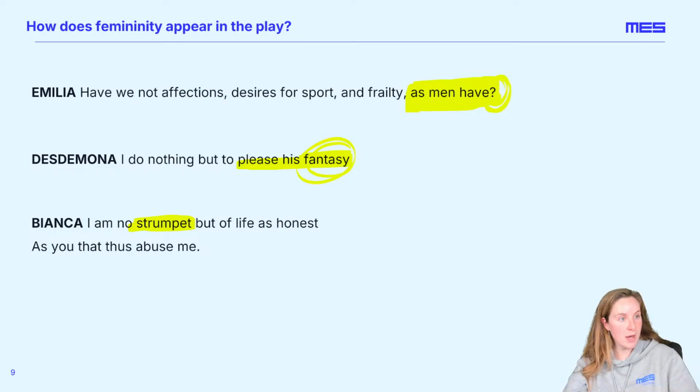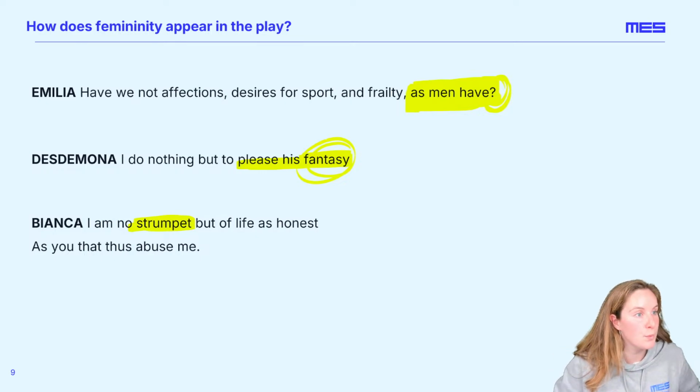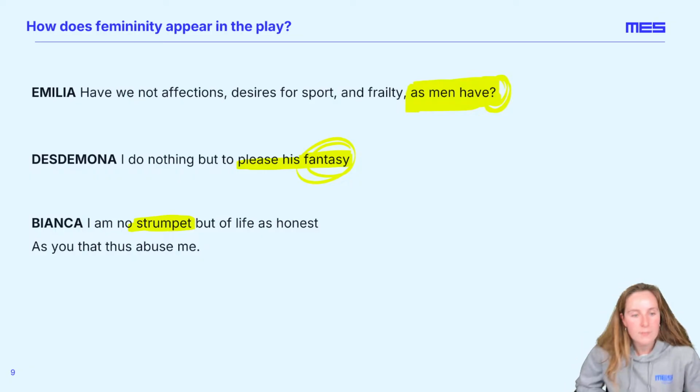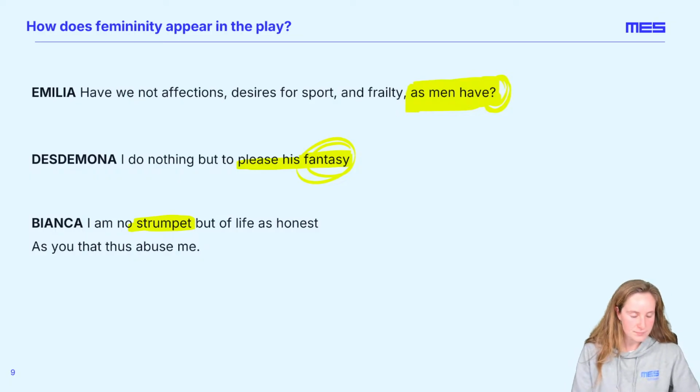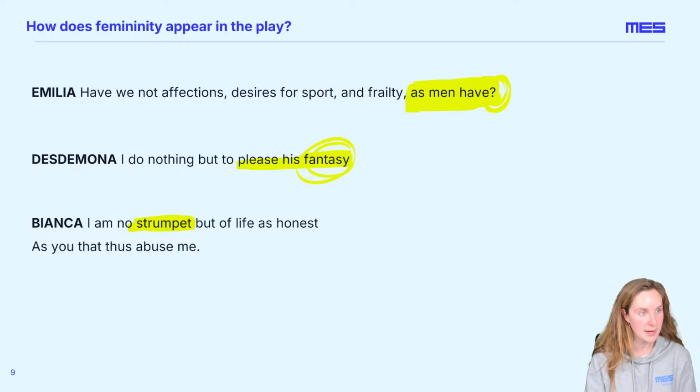Them associating with her was them associating with a corruptible influence who would be bad for them. And when Emilia dismisses her when they're in the same place, she defends herself and says, I'm not a strumpet, I'm not a sex worker or a prostitute. I am honest as you all who say I'm not, and you who abuse me.